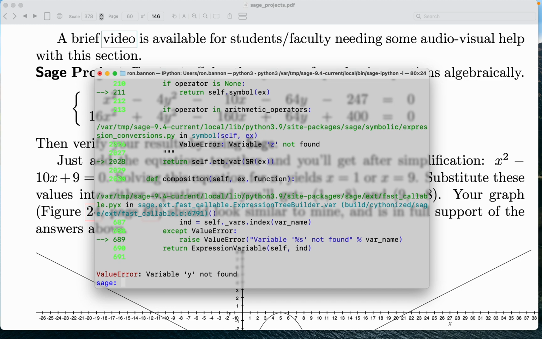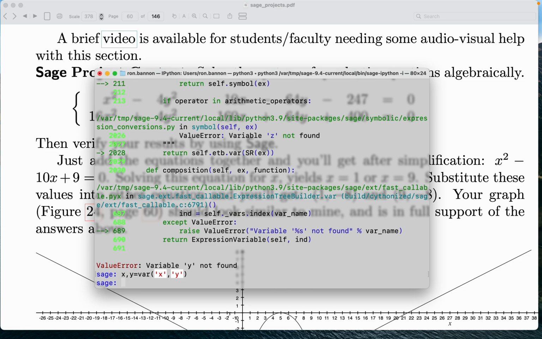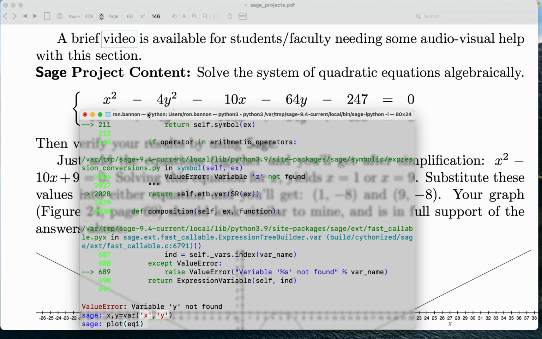Variable y not found. Let me go back over my code. I defined x and y, right? Let's see if I did equation 1. Again, this is interesting. I want to see if I got equation 1 defined. X squared minus 4y squared minus 10x, minus 64y minus 247.